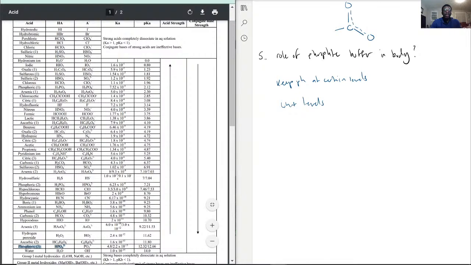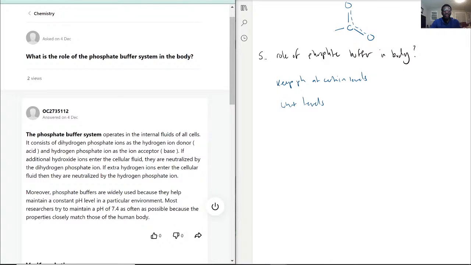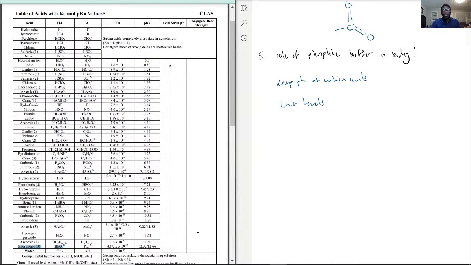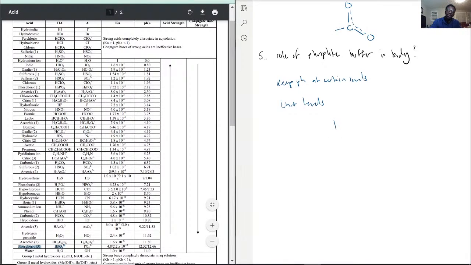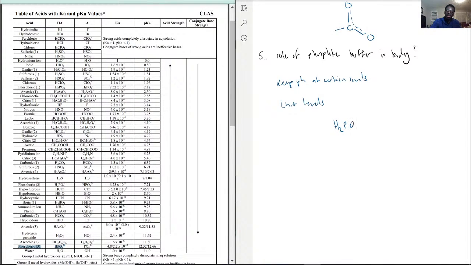If I remember correctly, the phosphorus we're dealing with in our body is usually between H2PO4 minus and HPO4 2 minus. The reason I write that is because we want our body to stay around a neutral-ish pH.